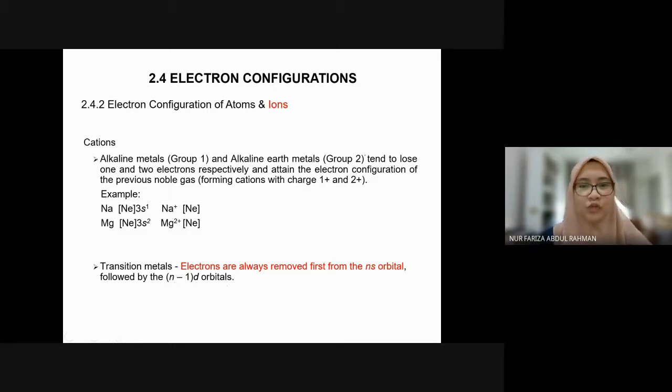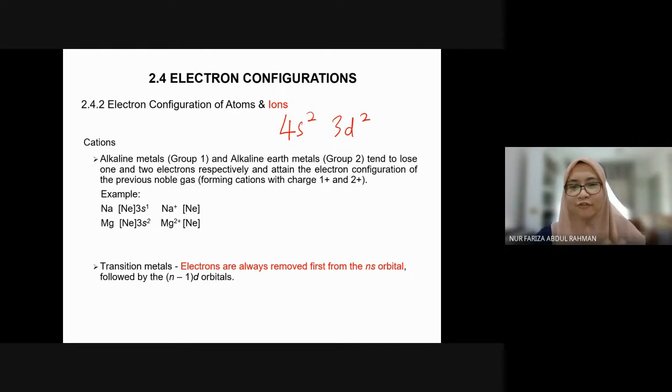Remember, contohnya, this is the electronic configuration for a transition element, for 4s2 3d2 maybe. The partial electronic configuration. We know that to become cation, the electron needs to be removed from the atom, betul tak?